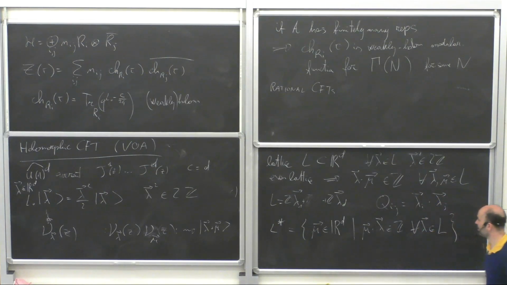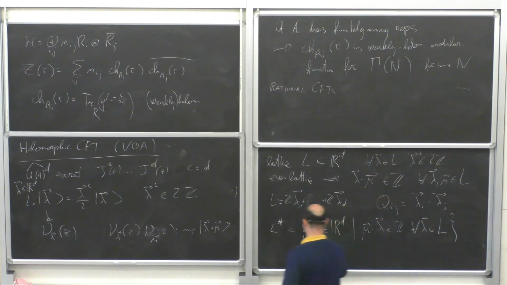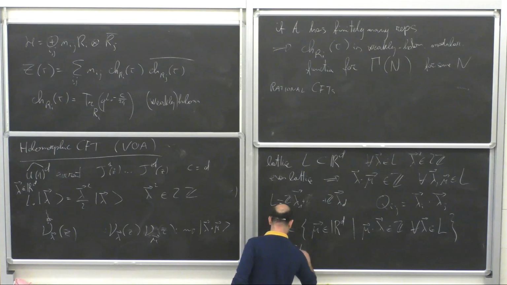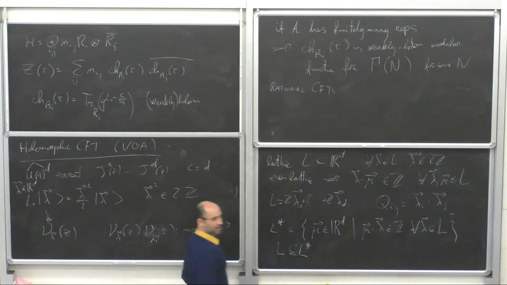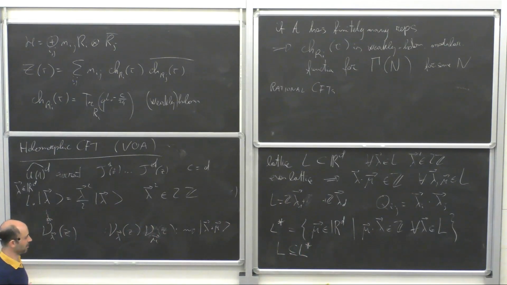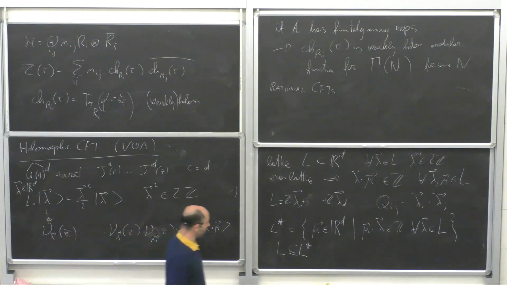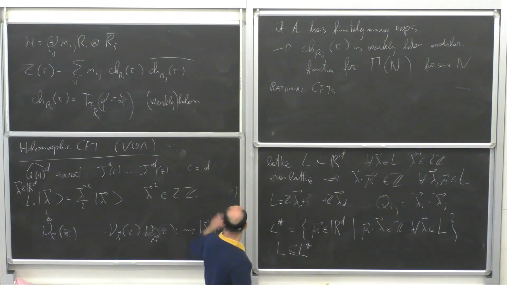So this condition tells you that if you have an even lattice L, then it is always contained in its dual lattice. It might be smaller or it might be equal.